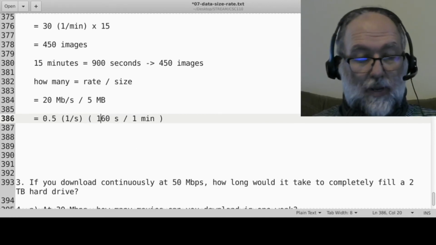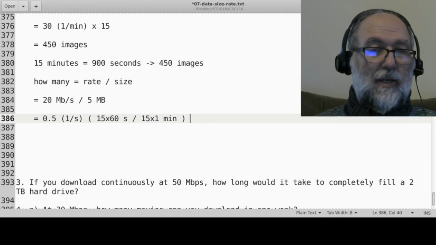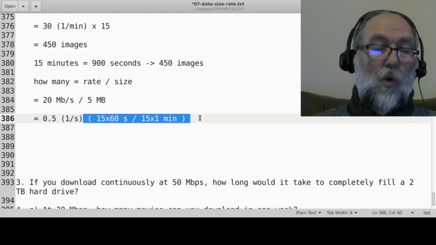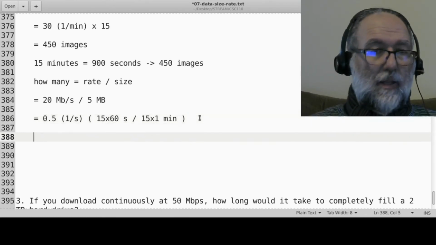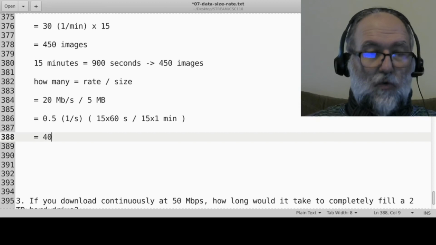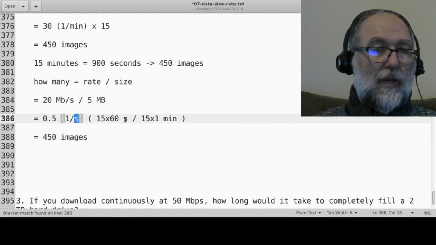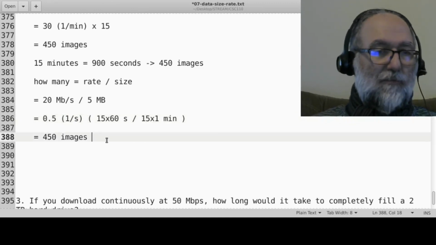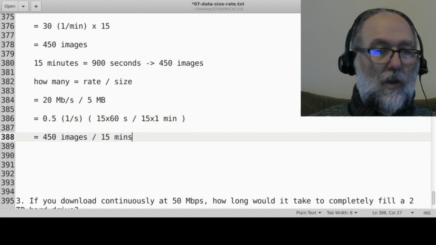So if I multiply the numerator by 15 and I multiply the denominator by 15, you're still at 1, because if you do the same thing to the numerator and the denominator, they'll cancel out. And then this would equal, again, the 450 images. The seconds would cancel out, and you would get 450 images in 15 minutes like that.